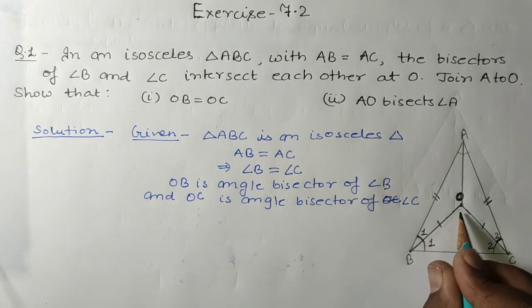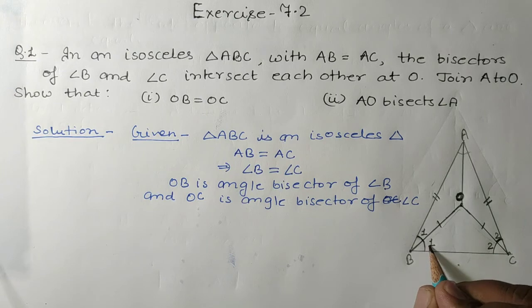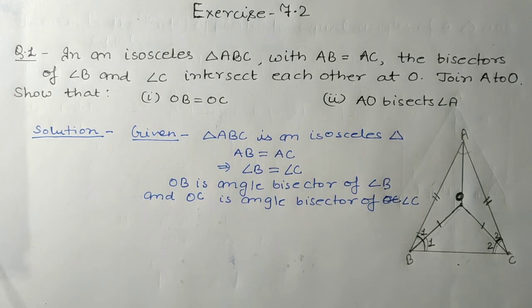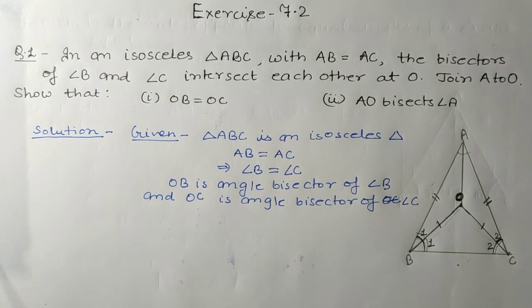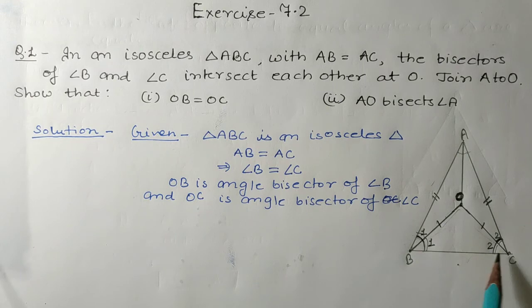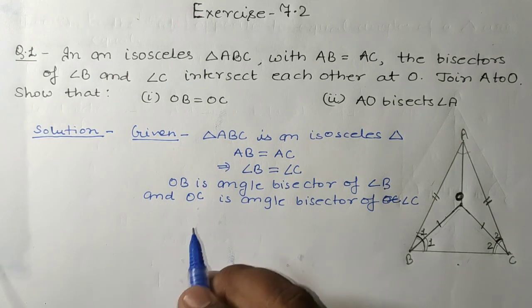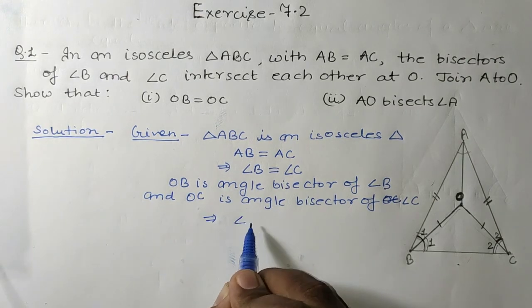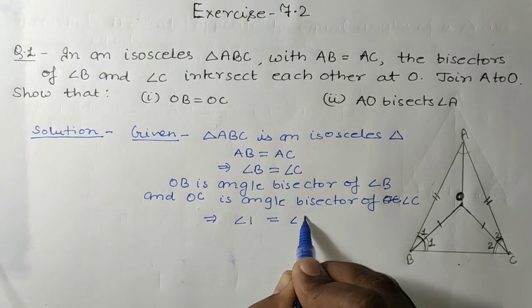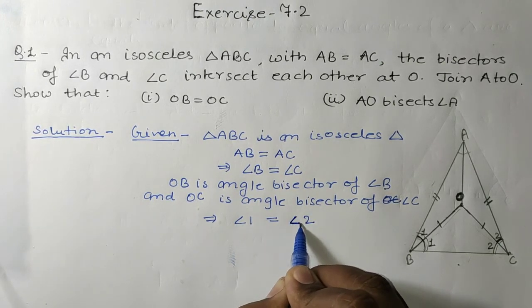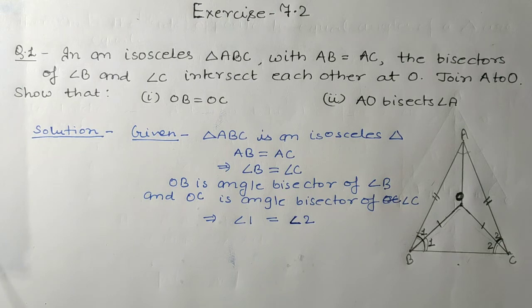Since it is a bisector, if this part is angle 1, then this part will also be 1. But here if the whole angles are equal, means angle B is equal to angle C, then their halves will also be equal. So this will imply that angle 1 is equal to angle 2.